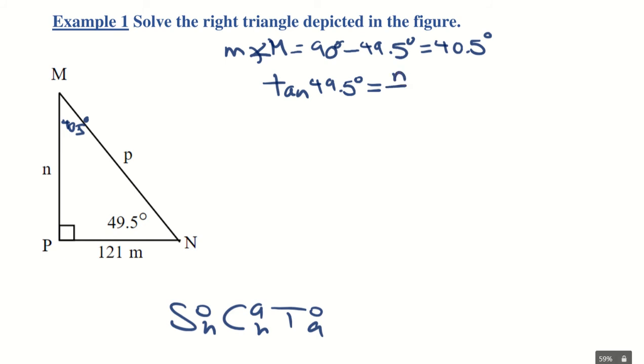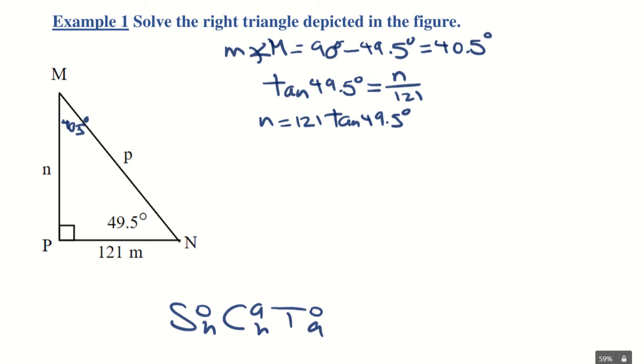So n over, notice that the side opposite is n and the adjacent side is 121. So now if we just cross multiply, imagine a 1 under the tangent, we get n equals 121 tangent of 49.5 degrees.